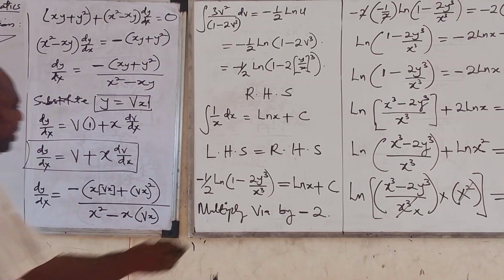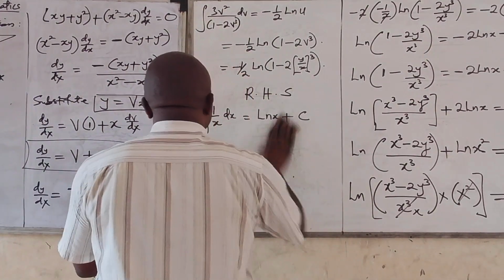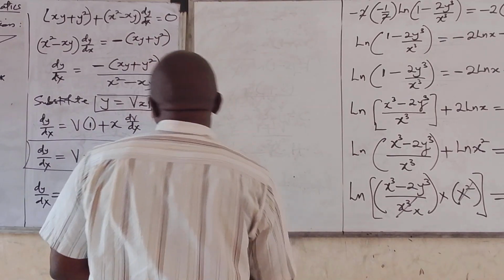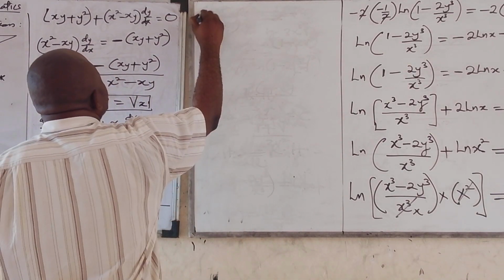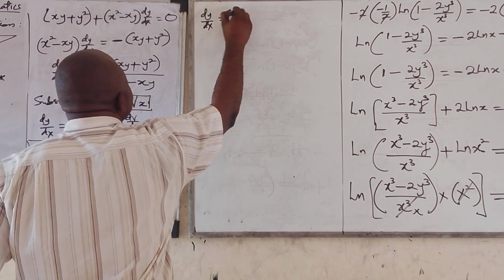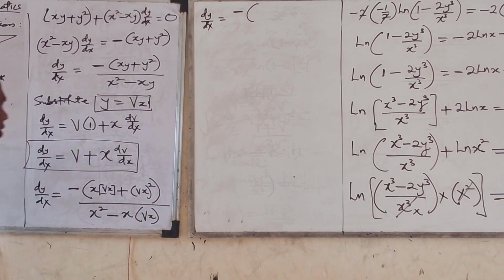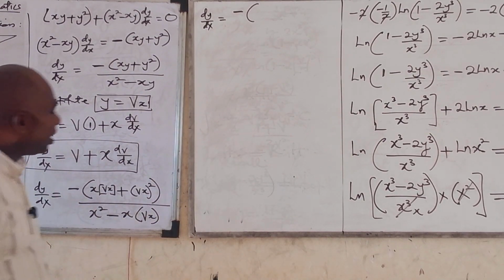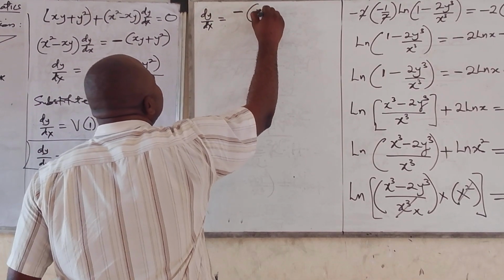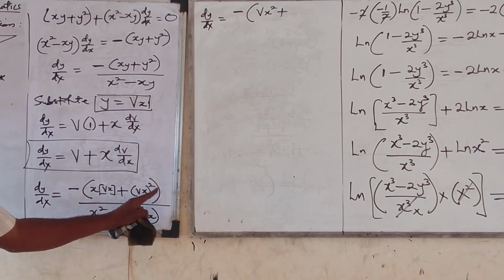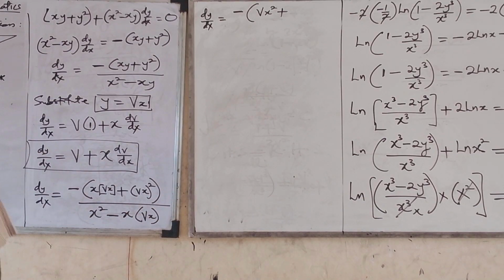So now let's see the dy/dx. Now the dy/dx will be equal to, now we have minus. Now let's look at this. v times x times vx, that will give us vx squared. Plus, now let's look at (vx) squared. That is vx times another vx.